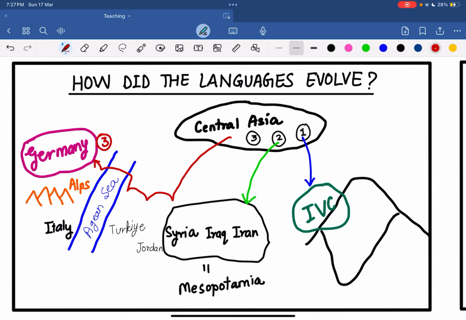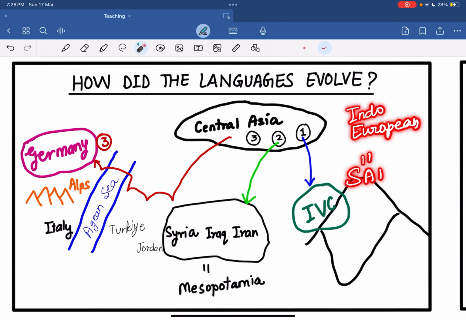One thing is for sure, group number 1, group number 2, group number 3, organically they spoke the Indo-European language, correct? When they came and settled in India, let's say we're talking about group number 1 here. When group number 1 came and settled in India, let's say IVC, this Indo-European became evolved into Sanskrit.